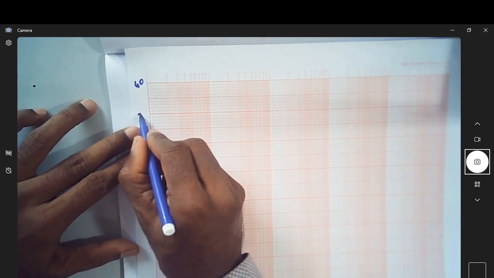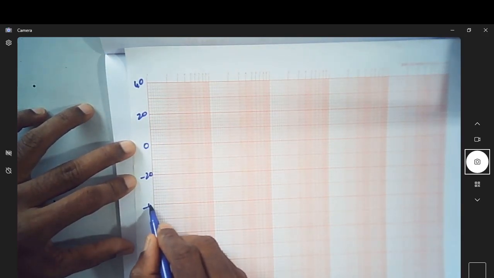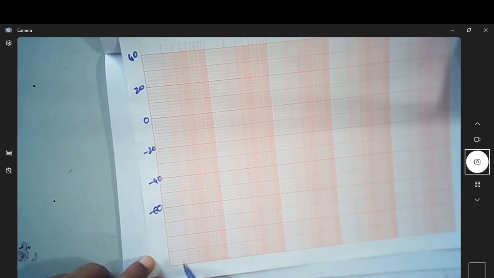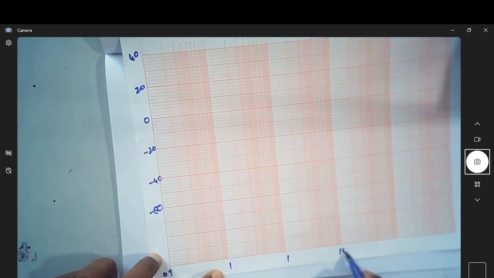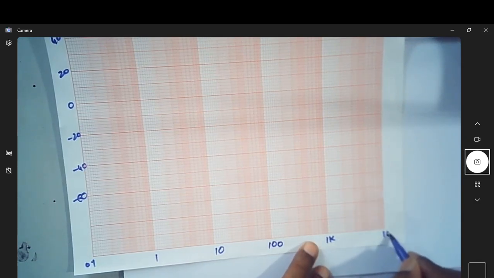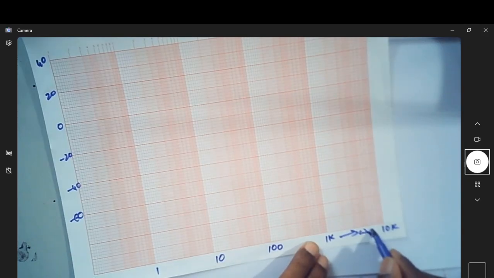So let this be 20, let this be 0, let this be minus 20, minus 40, minus 60. Let us take the frequency as 0.1, 1, 10, 100, 1k, and 10k. This is omega in radians per second.